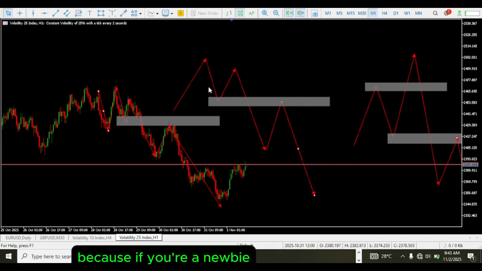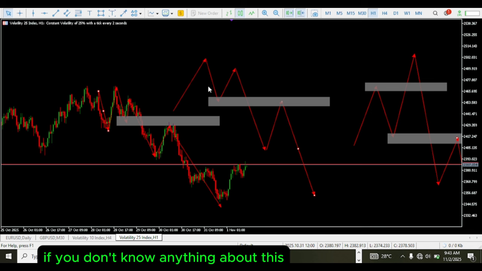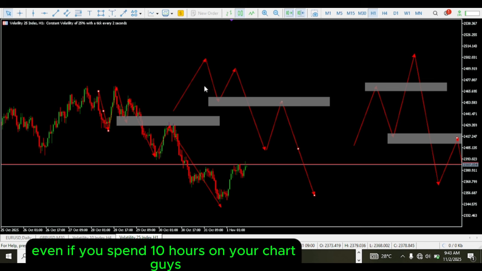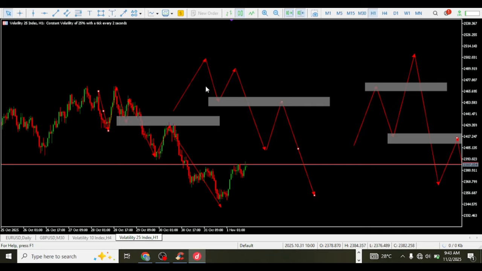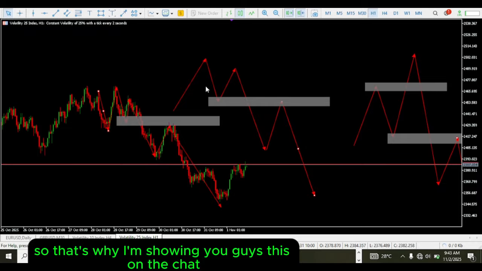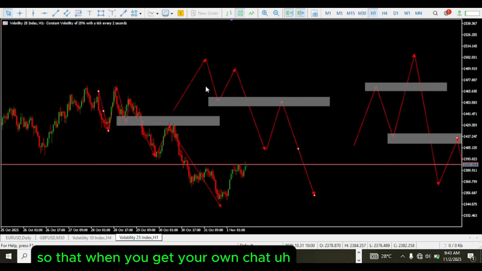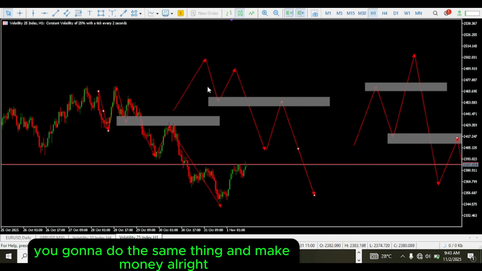Because if you're a newbie and you don't know anything about this concept, even if you spend 10 hours on your chart, you're not going to find the pattern. It's very hard to find in the market. That's why I'm showing you this on the chart, so that when you get your own chart, you do the same thing and make money.